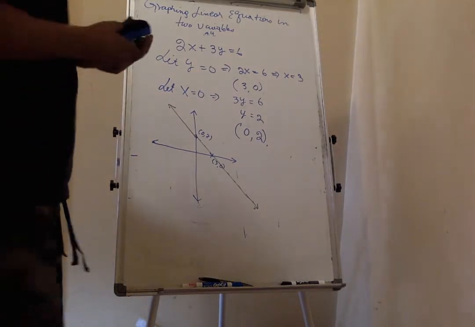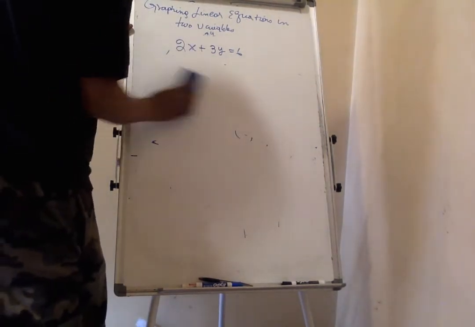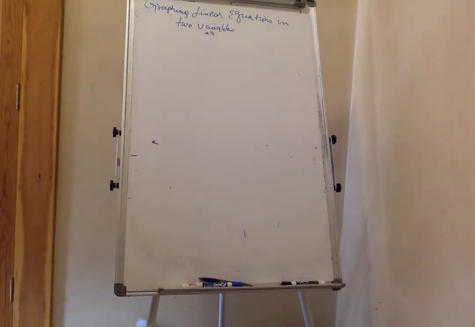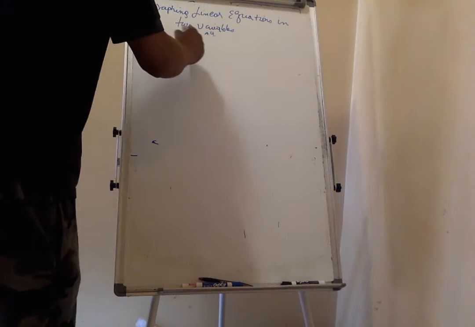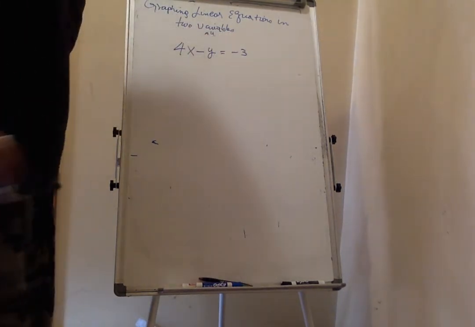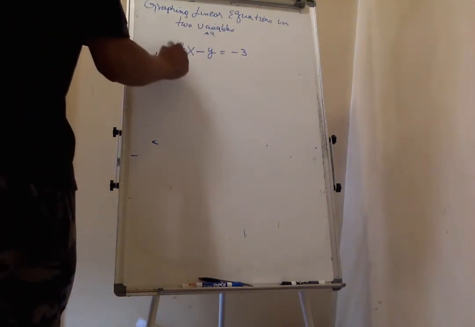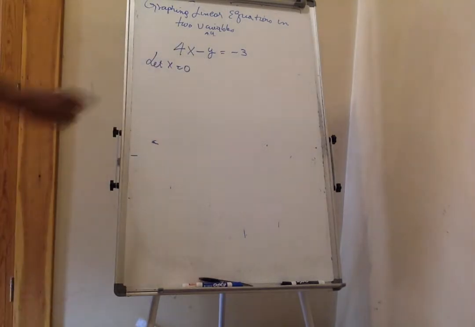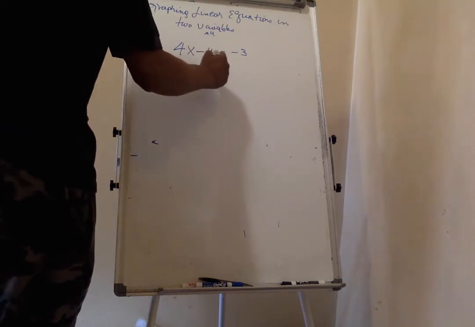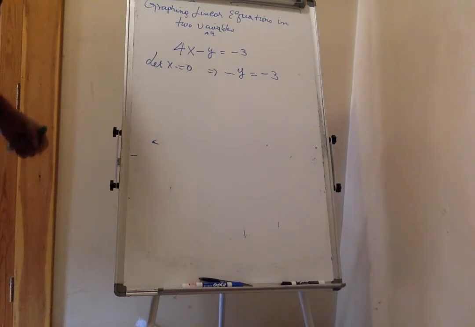Let me do another one. Suppose you have 4x minus y is equal to negative 3. Again, let x is equal to 0. If x is 0, 4x is also 0. So you end up with minus y is equal to minus 3.